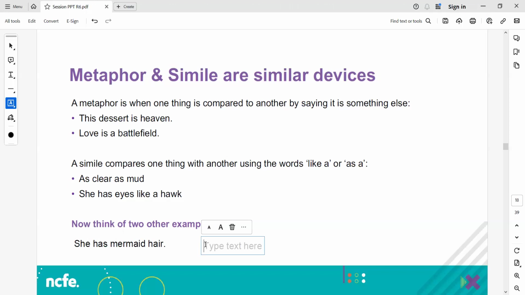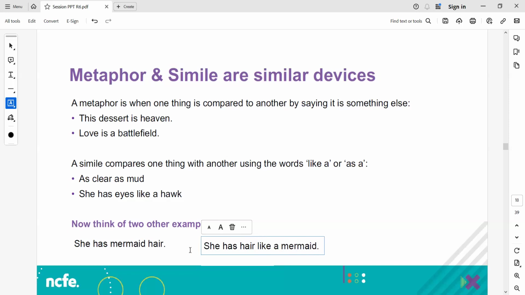What would I write? Her hair looks like a mermaid's hair. Okay, so I'm going to keep the "she has" hair. And what am I going to write here? Like. Good, like a mermaid.